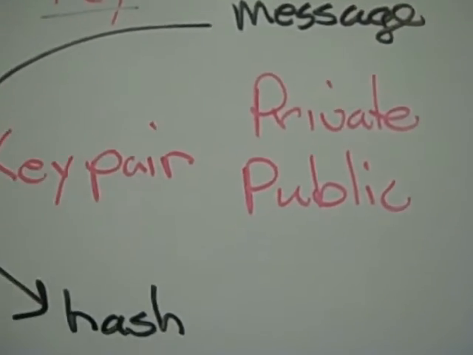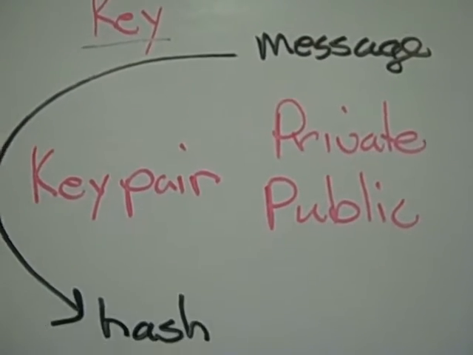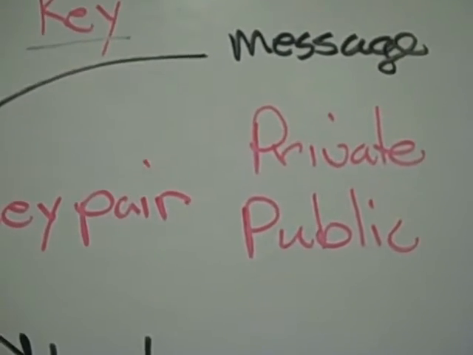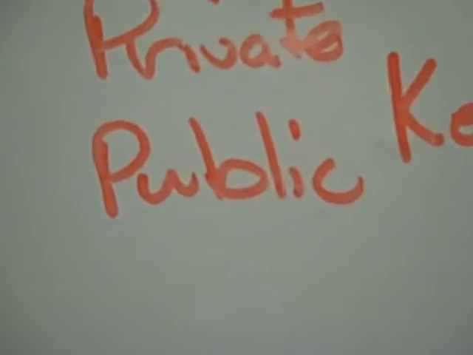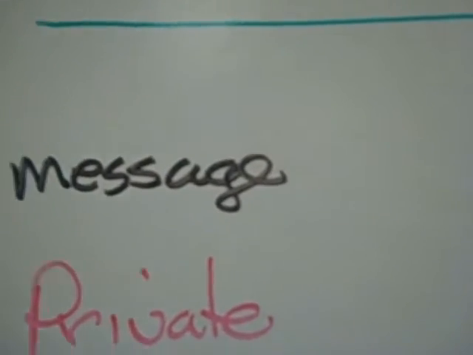And then we talked about the whole idea of using a private and public key. So we could send the message, and what we could do is get the public key from the other side to encrypt it. And then when it gets over here, they can use the private key to decrypt it.